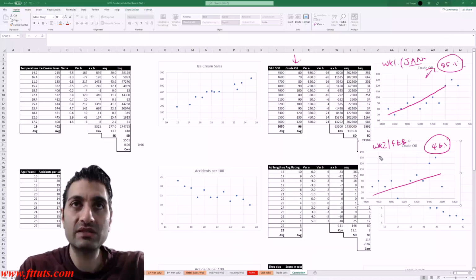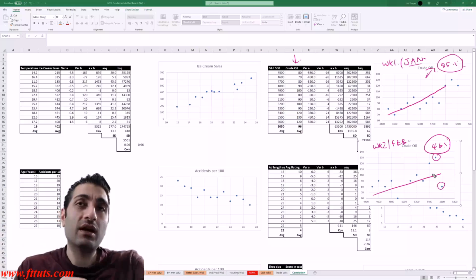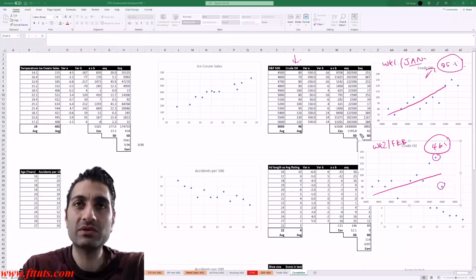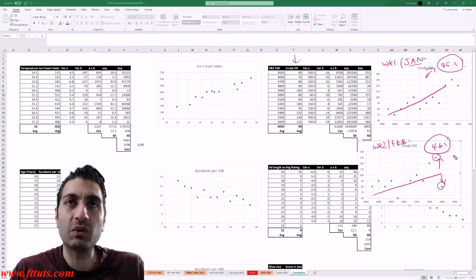I'm actually going to pay a lot of attention to that. In February, if I see crude oil, the data is just down below, shoot up like this, I'm not going to pay as much attention to it, because the effect on S&P, do you see, it's off center. It's going to be a bit more unpredictable.